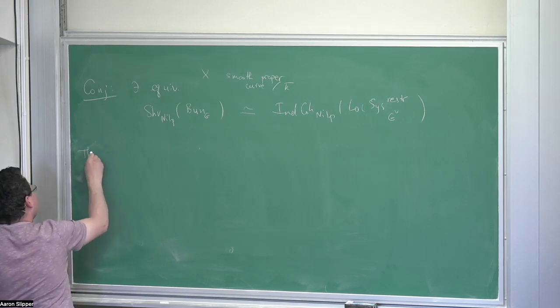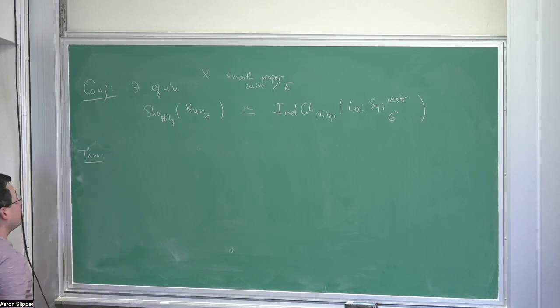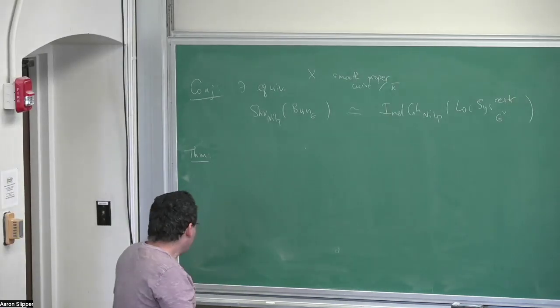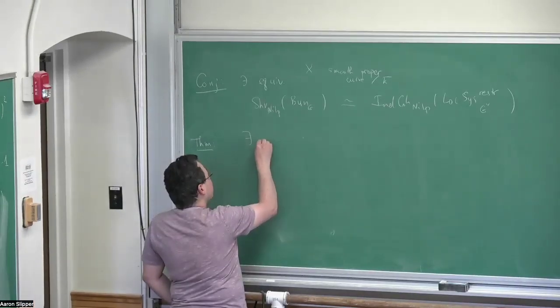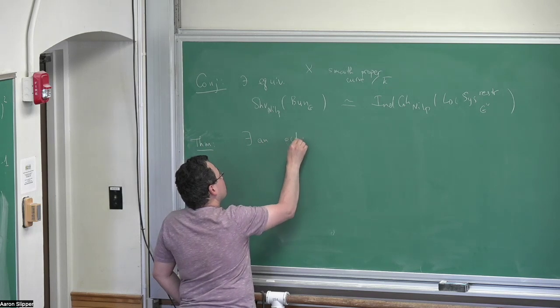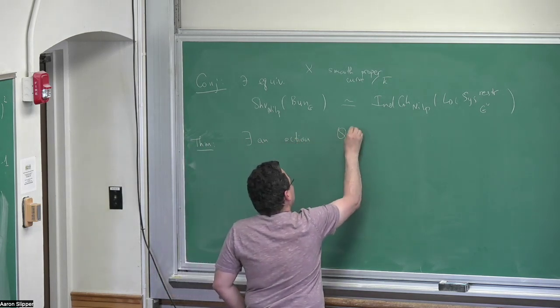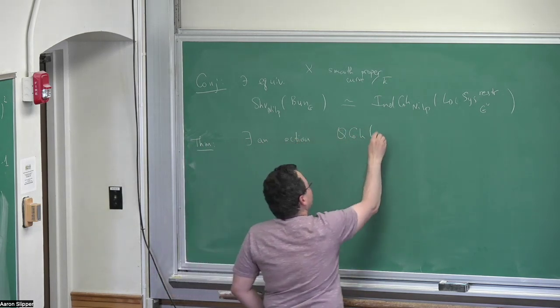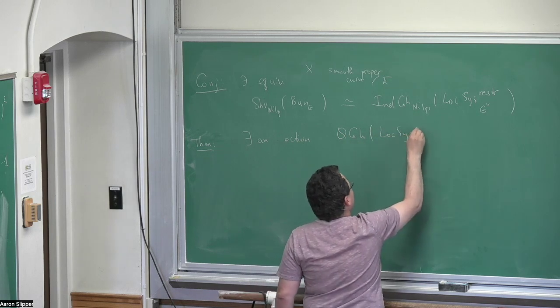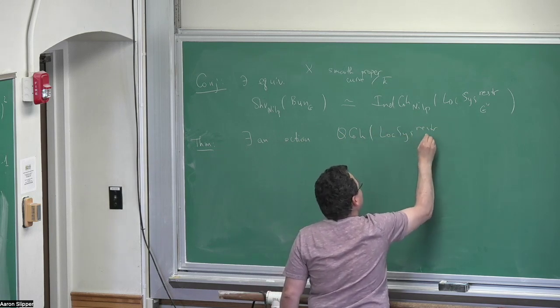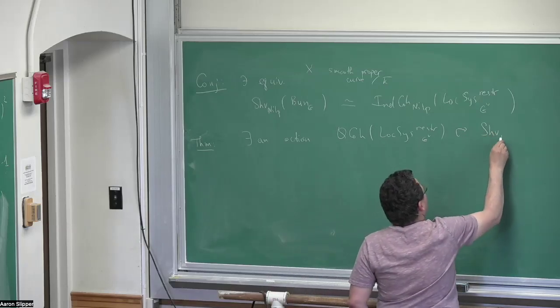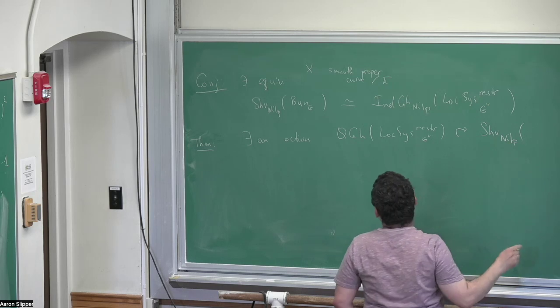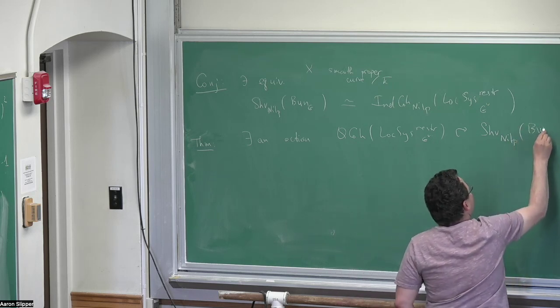A theorem, a substantial partial result toward this conjecture that was explained last time, is that there's an action on quasi-coherent sheaves.